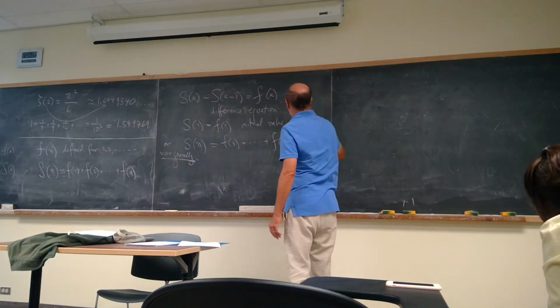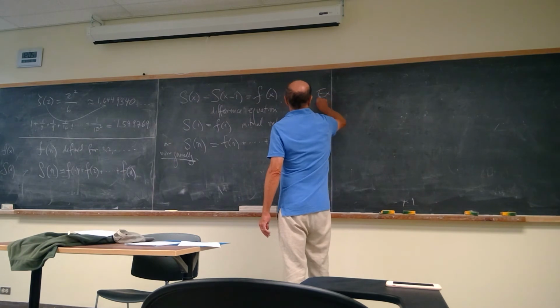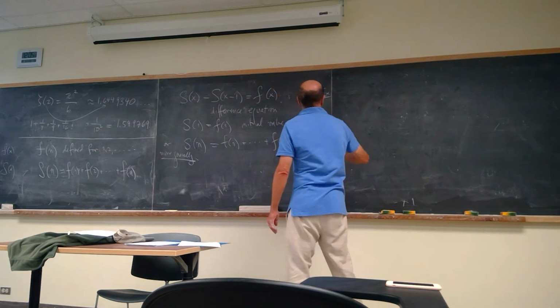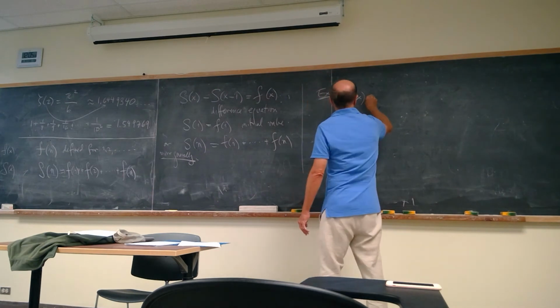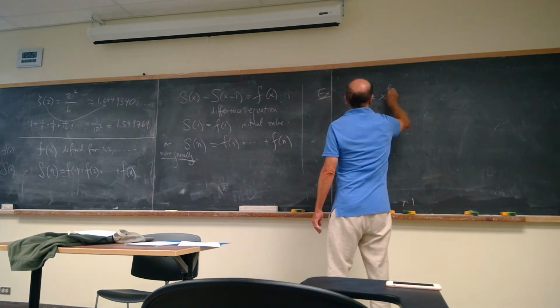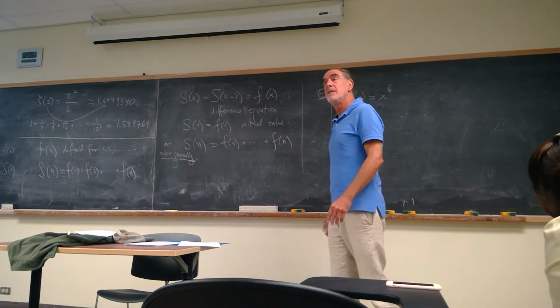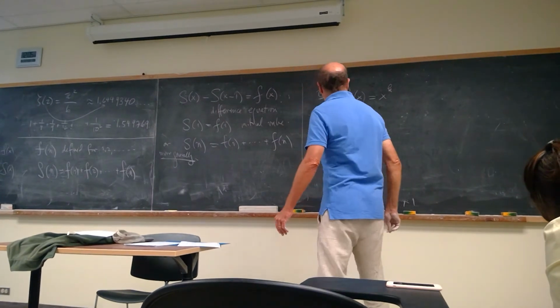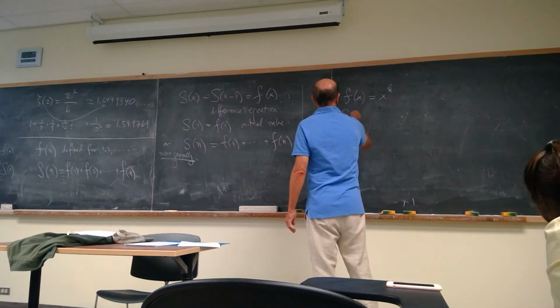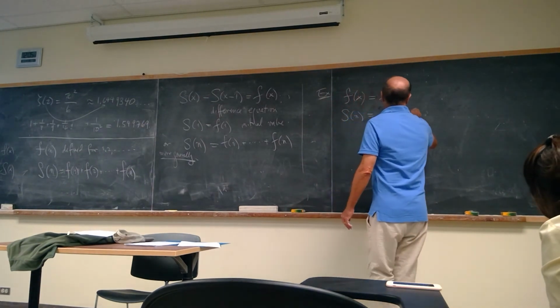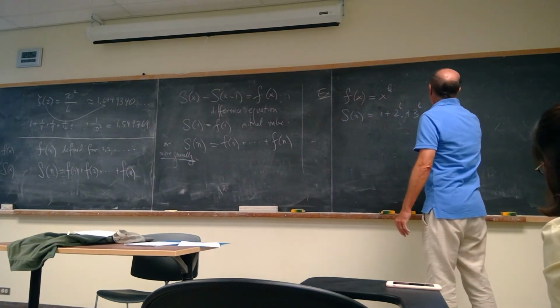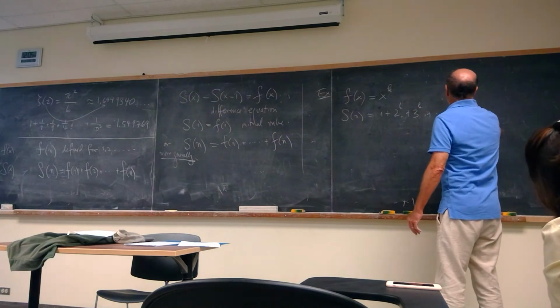So what are some examples that we're going to do this for? Well, the famous example that had been solved by the time Euler came to this problem was the kth power function. Because then this s of n is 1 plus 2 to the k plus 3 to the k plus ... n to the k.